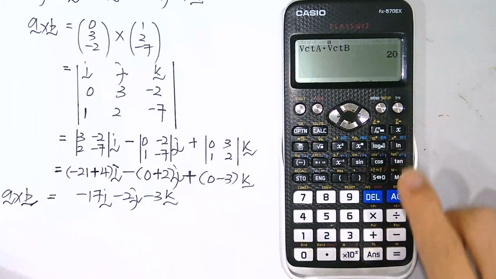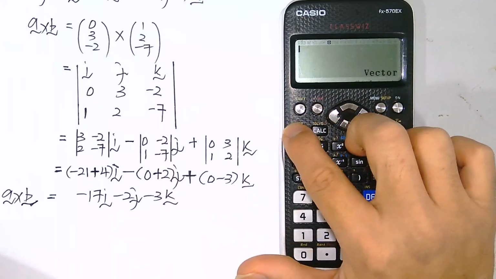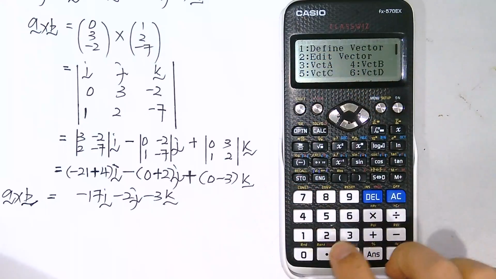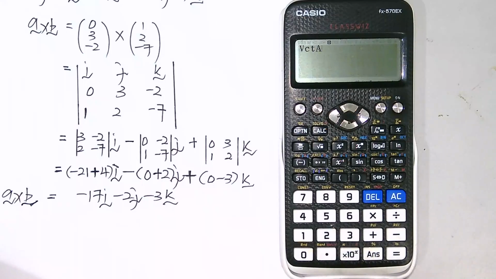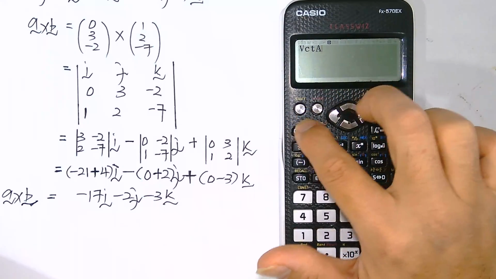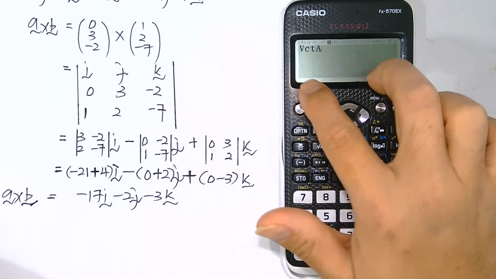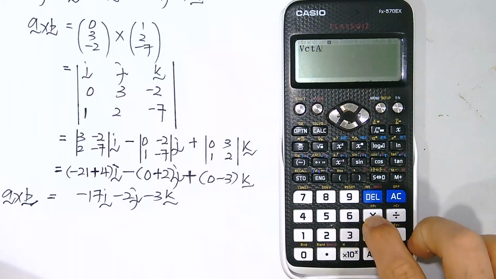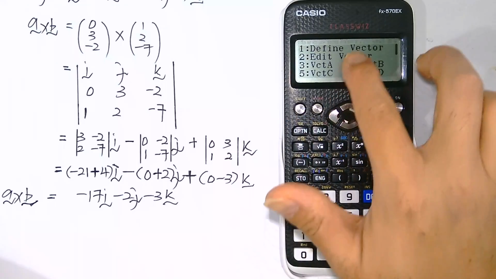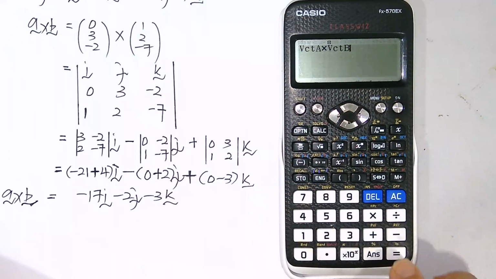Very simple, same thing. You choose the OPTION button, calling for vector A, pressing 3. For the cross product, there is no special function. You just use this multiply sign, which means cross. Then OPTION, vector B, 4.